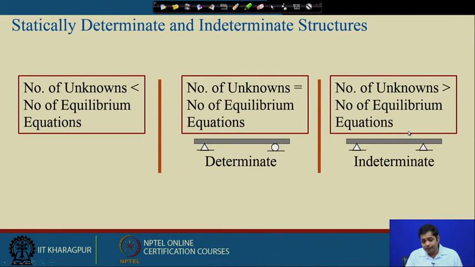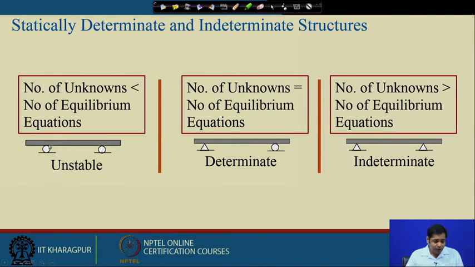Then, if the number of unknowns is greater than the number of equilibrium equations, we need an additional equation. Without that additional equation, the structure cannot be analyzed. And for the first one, if the number of unknowns is less than the equilibrium equations, the physical interpretation is that the structure becomes unstable.